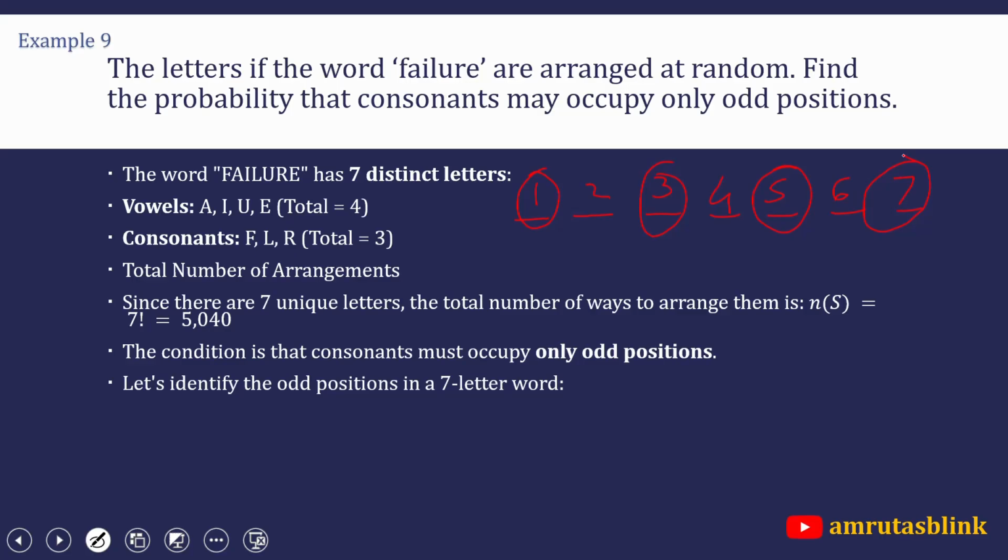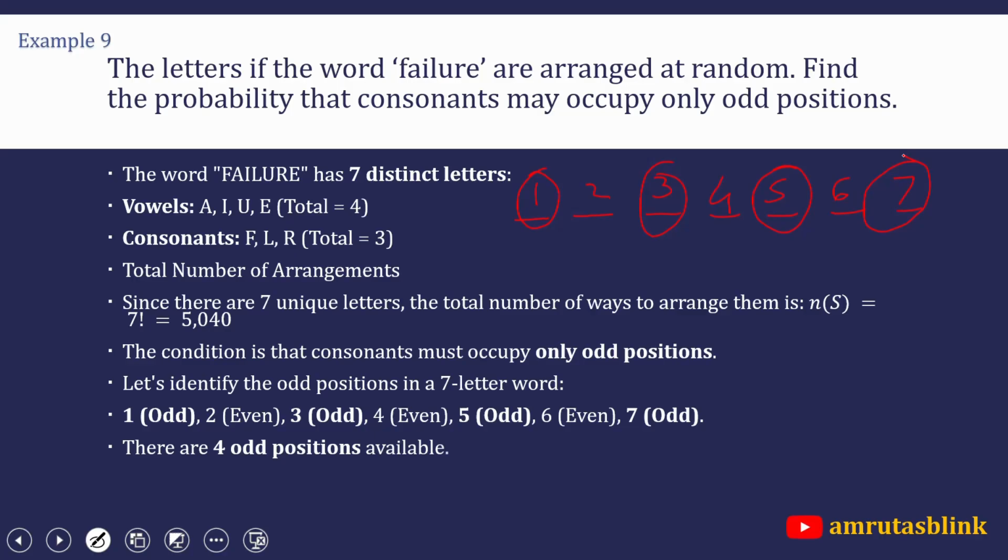So the condition is that consonants must occupy only odd positions. So there are 4 odd positions available, and how many consonants are there? There are only 3 consonants. Now in the previous problem there were 3 even places and only 3 vowels, but here 4 places are available, and there are only 3 consonants, that is F, L and R.